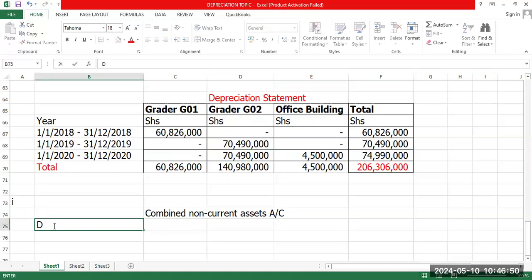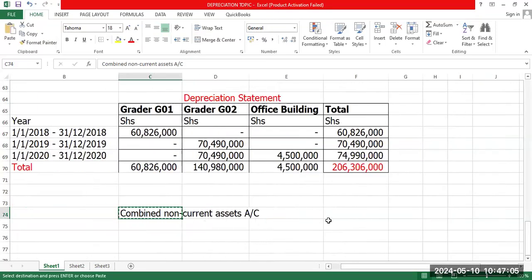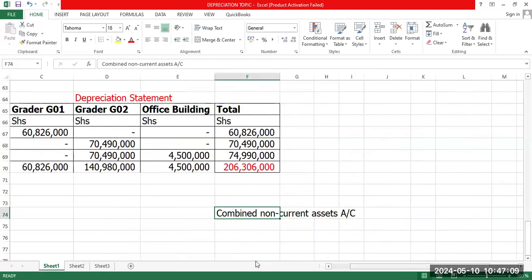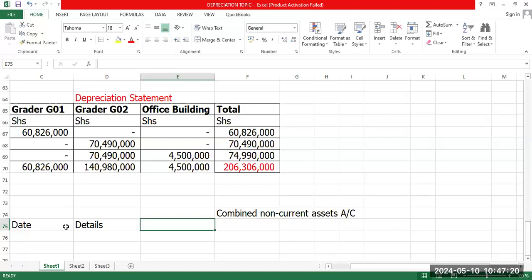So here you can put debit, first column debit. Allow me, once I do it, it will be easy. Here we start with debit, details, then amount.